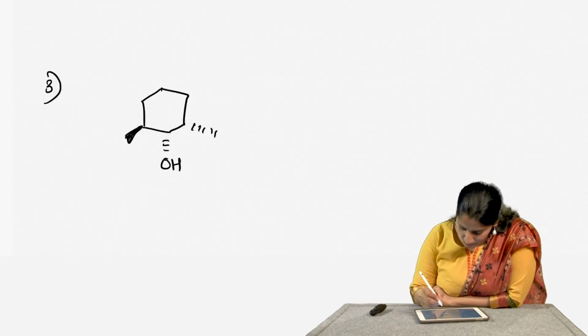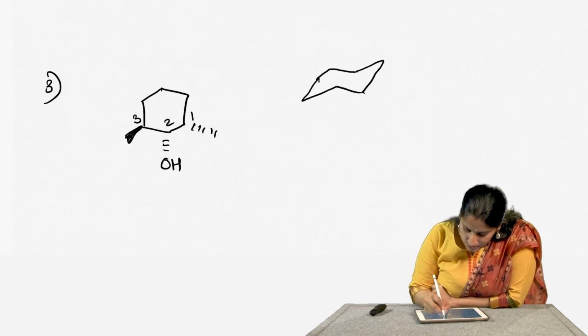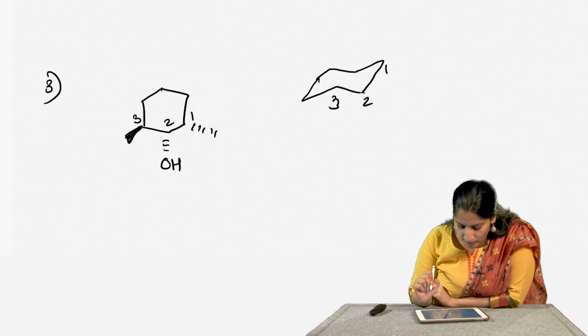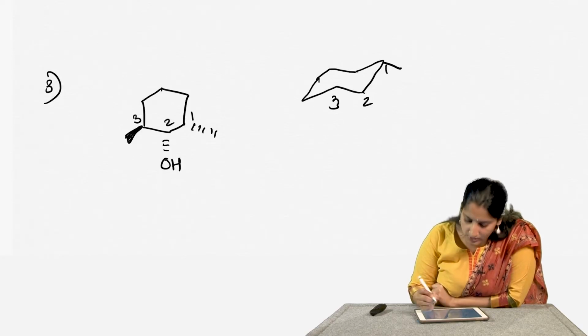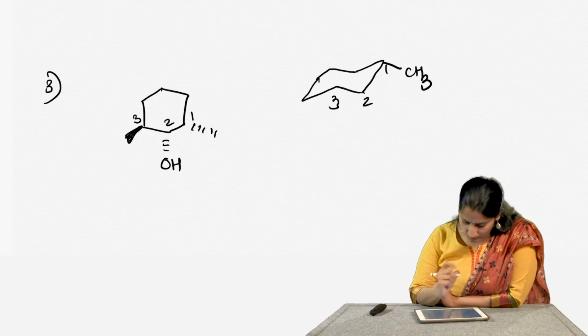The next one we are going to do the same thing. First draw the chair and number our carbons 1, 2, 3. The methyl group is going down on carbon number 1. So, here the down group on the first carbon is an equatorial group, so it goes down.